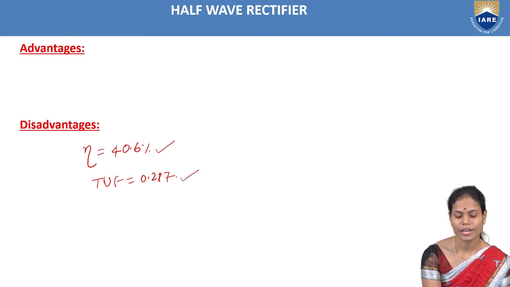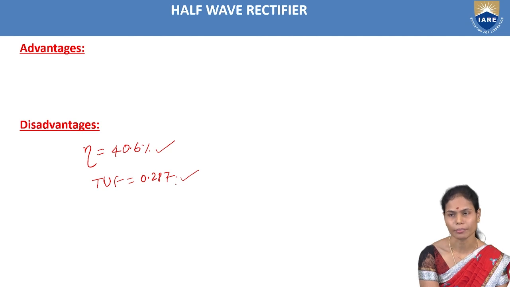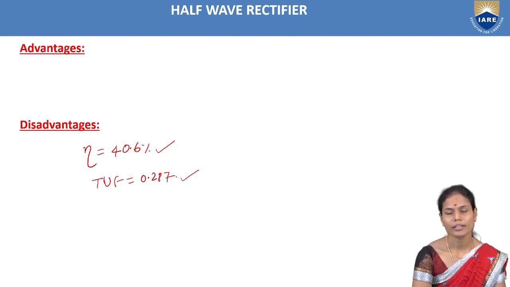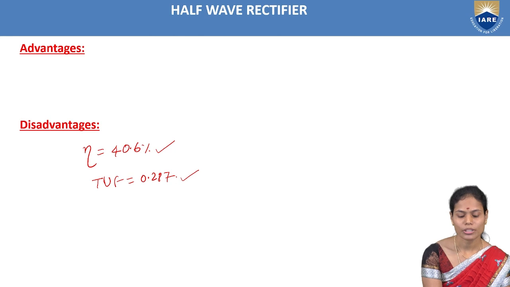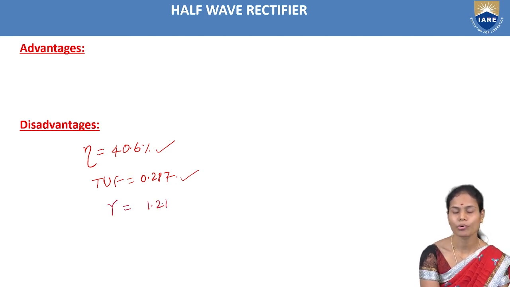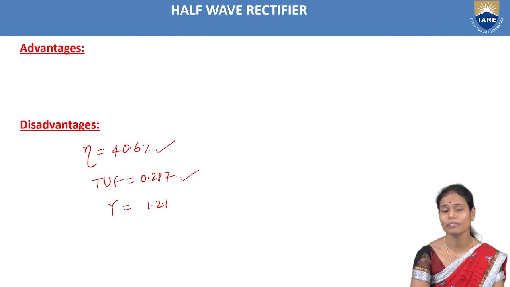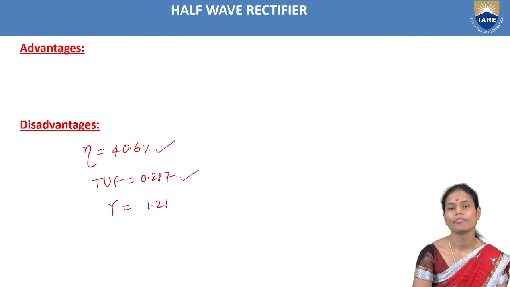So these are the disadvantages of the half wave rectifier. And one more disadvantage here is the ripple factor of 1.21. That is nothing but 121% of AC content we are getting along with the DC component. That is a major drawback. These three are the major drawbacks of the half wave rectifier.